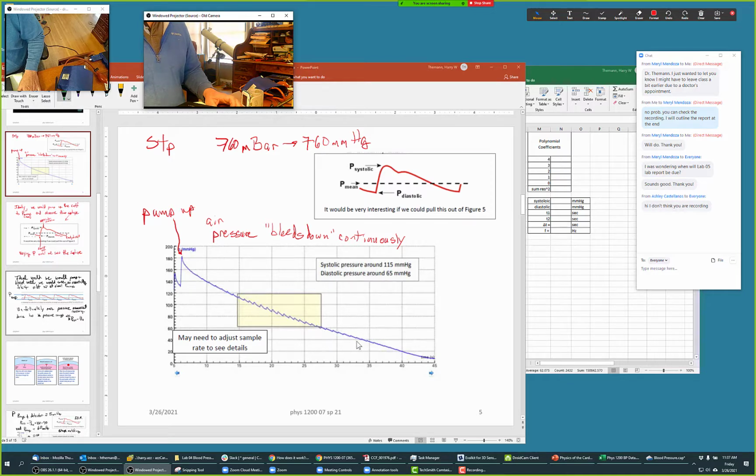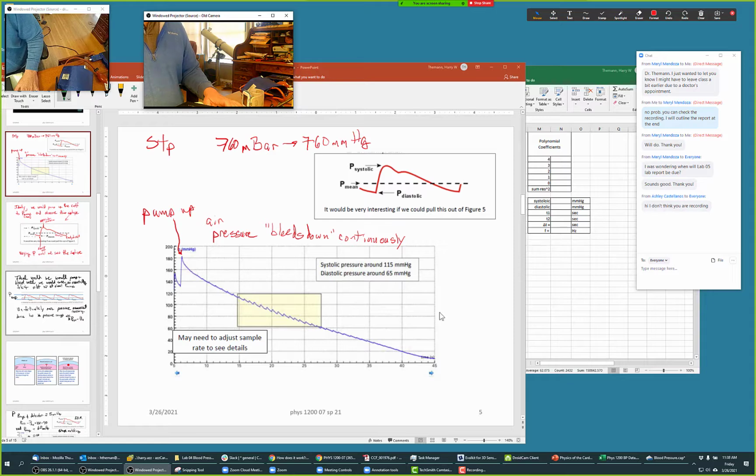But how do we decide the bottom part, the lower pressure? Because you see that it's still there. So historically, we've just sort of said, all right, let's look for this shape.